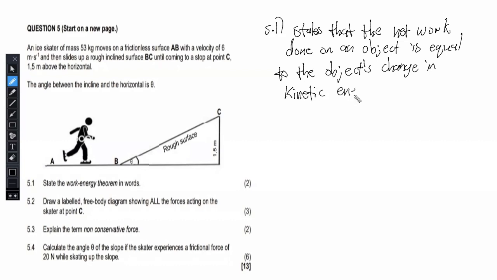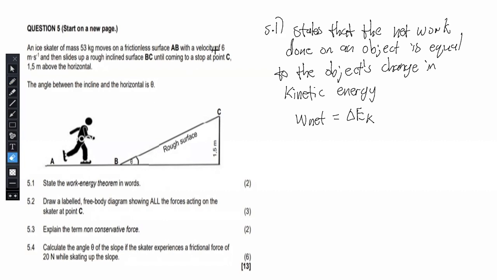Right. So if you happen to forget this definition, just remember it from W net is equal to change in EK. So the network done on an object is equal to the object's change in kinetic energy. And then we have 5.2.